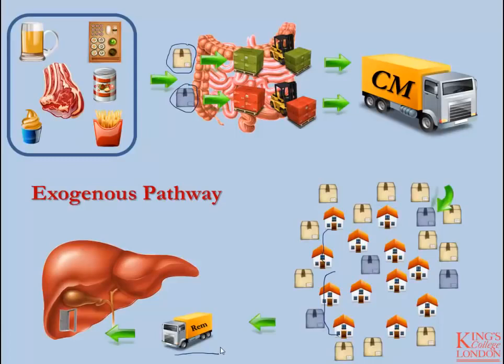This is a general analogy that you can apply to the exogenous pathway: raw material coming from outside the body, entering the gut and the enterocytes, getting packaged into chylomicrons, secreted into circulation, delivered to the tissues, and the remnants then being taken up by the liver and removed from circulation.